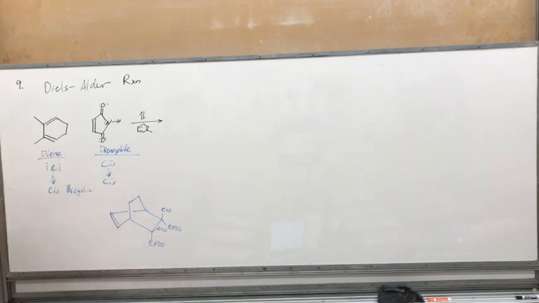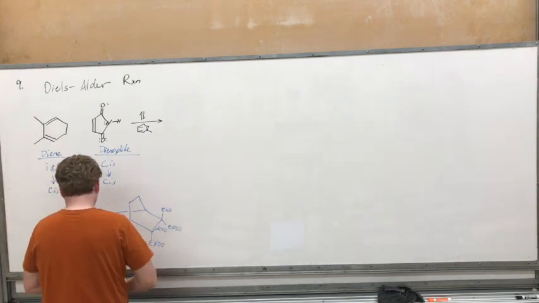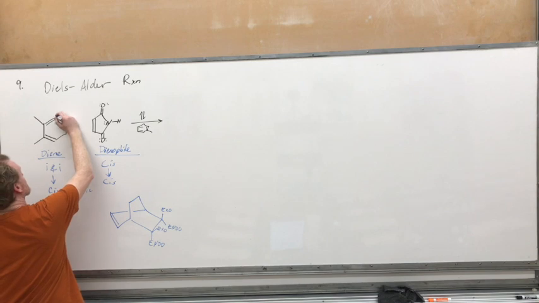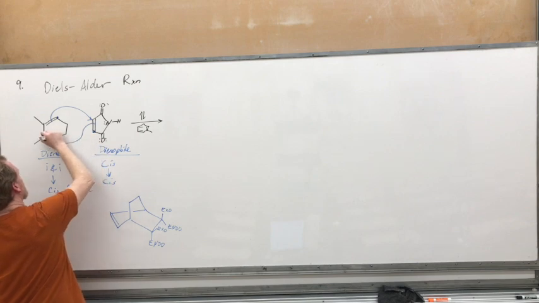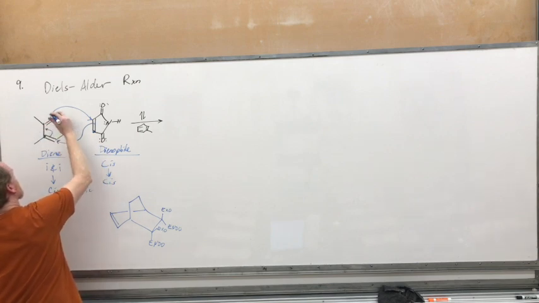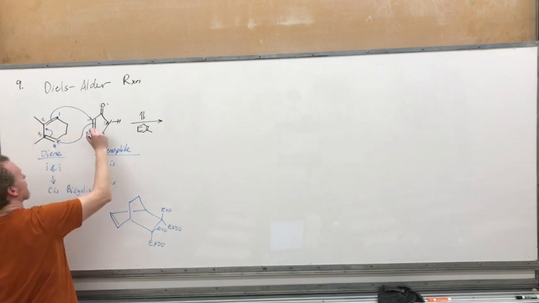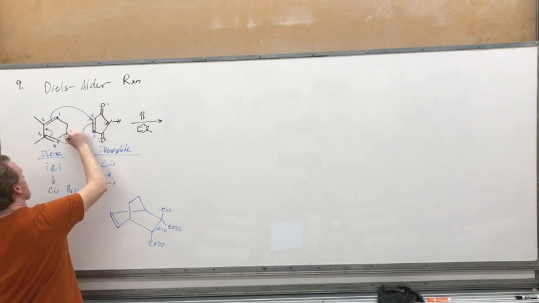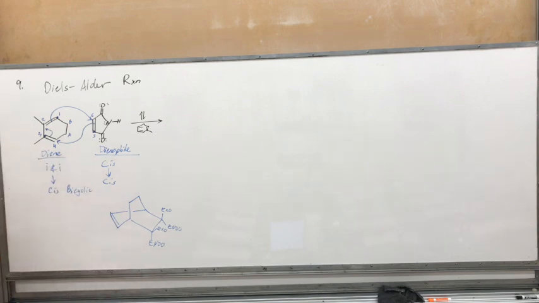All right, so back at it. I'm gonna do the curved arrow mechanism again. Got my 1, 2, 3, 4, 5, 6, an A and a B. I'm gonna go quick on this one.